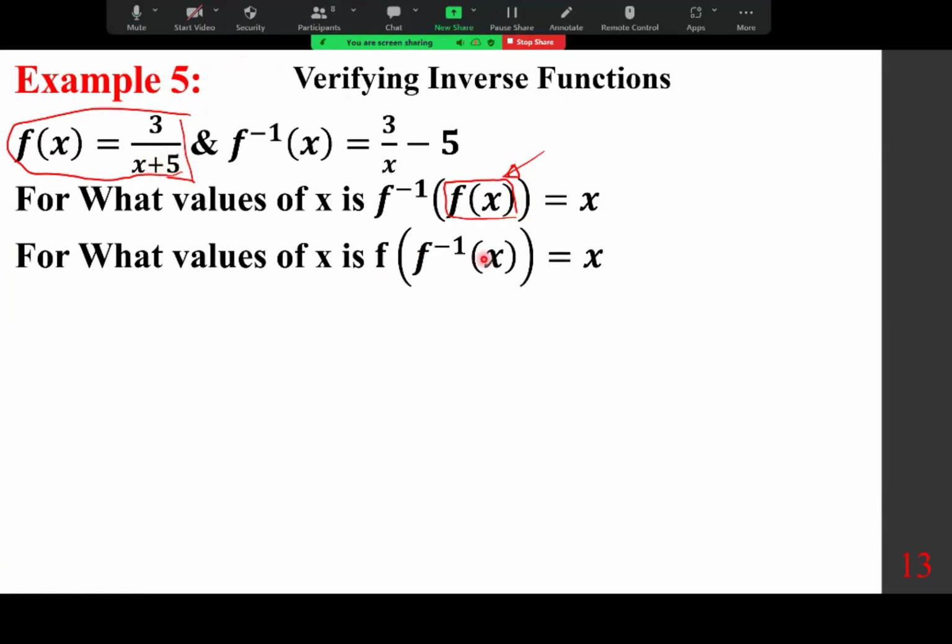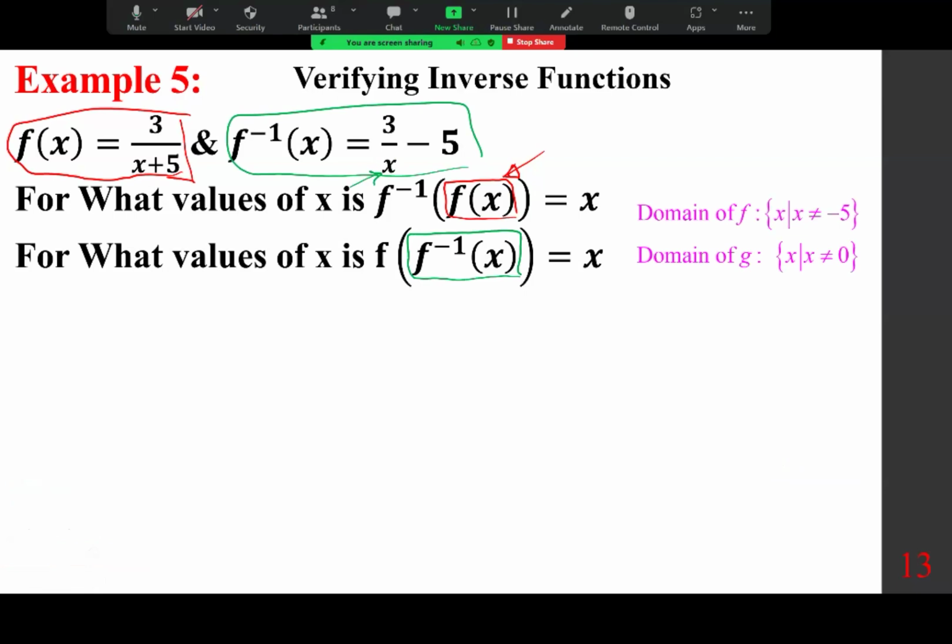But for this one, I look at f inverse of x. I have to look at this. And this one, when I look at it, says x can't be 0. So I'm going to write, for what values of x is f inverse of f of x, domain of f, x can't be -5.